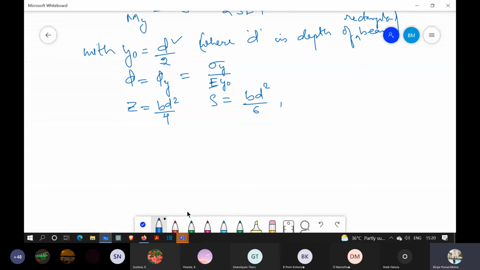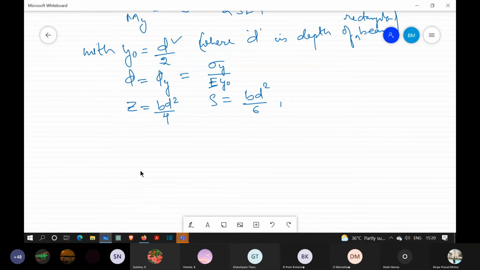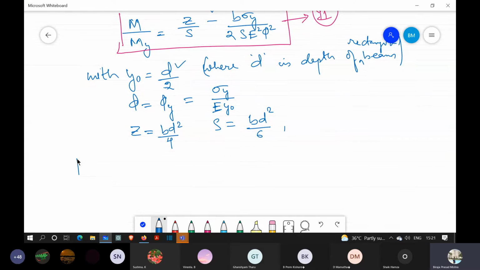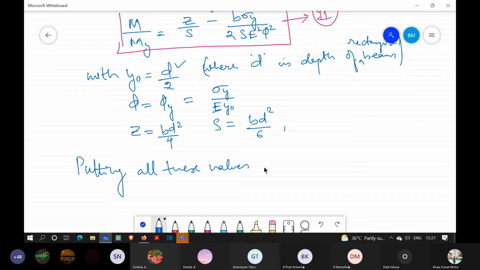If we use all these values and put them in, I am considering this as equation 2.